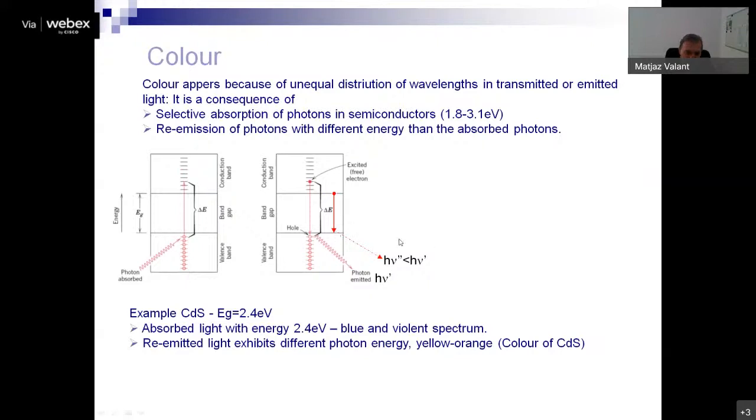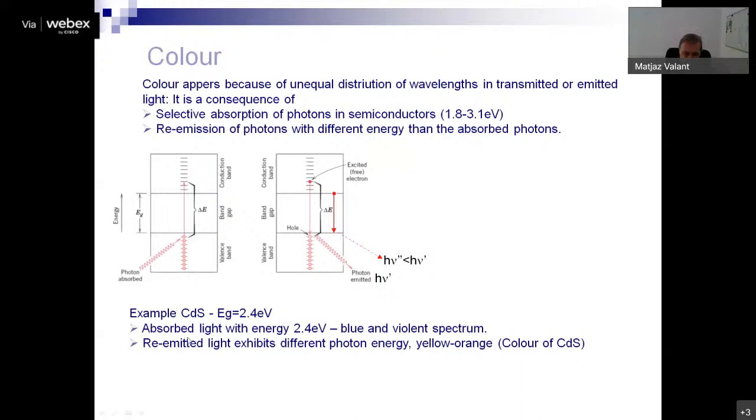Therefore, the color is more or less, I can't say monochromatic, because of all the inhomogeneities in the material, the color has got some different wavelengths, but still the distribution of the wavelengths is pretty sharp, and therefore we get quite distinct colors out of it. For instance, cadmium sulfide with a band gap of 2.4 electron volts would absorb blue and violet spectrum.